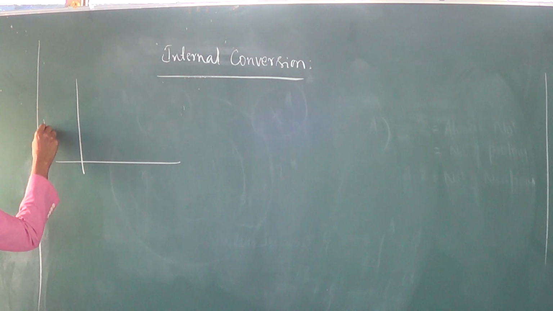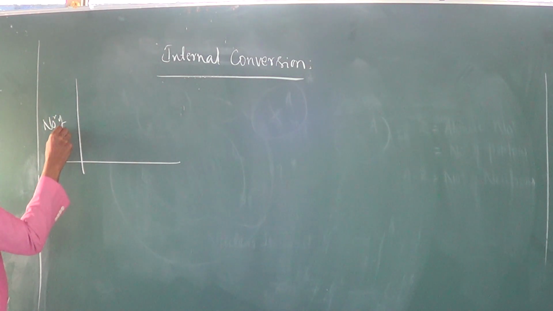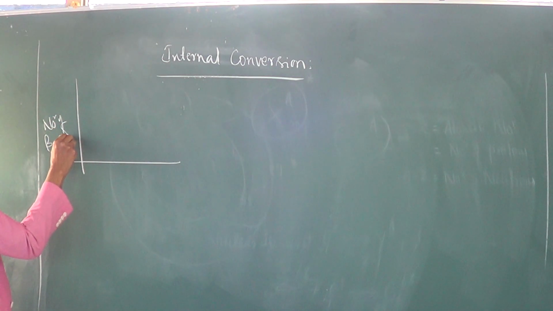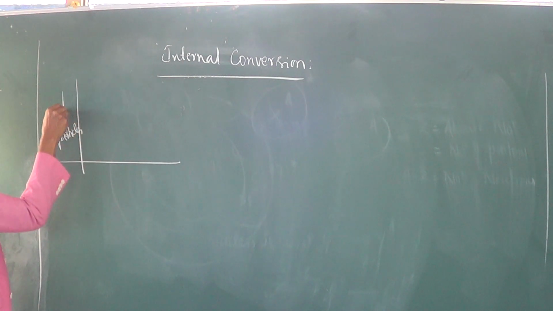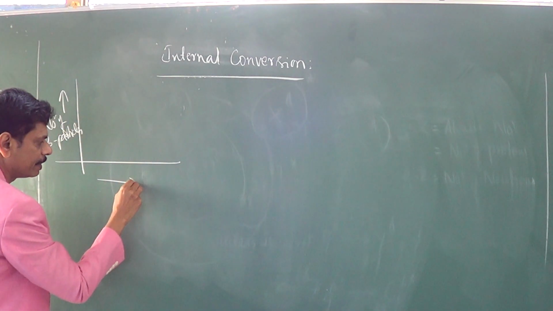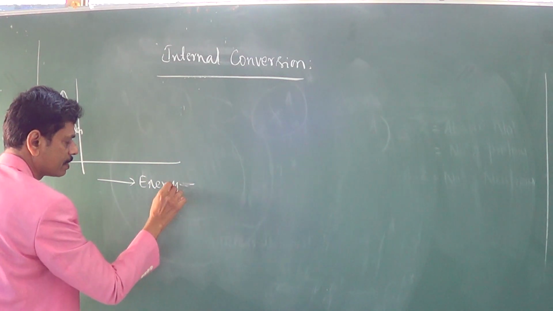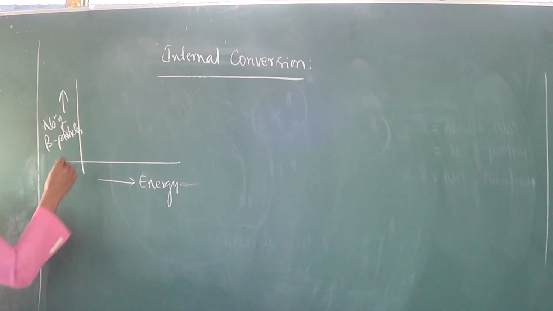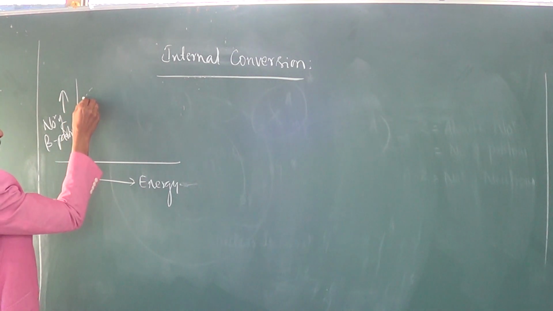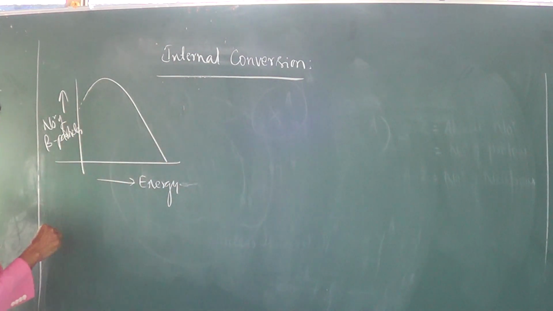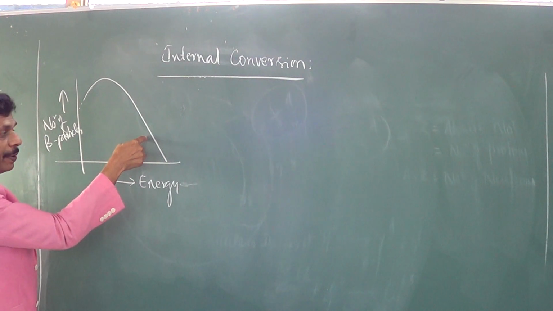As you are plotting the number of beta particles along the y-axis, and their energy along the x-axis in terms of MeV, then you will be getting a curve like this. Is it right? This is called a continuous beta ray spectrum.